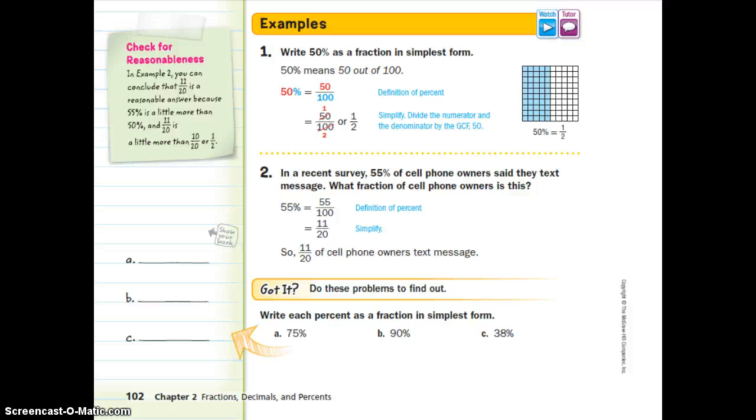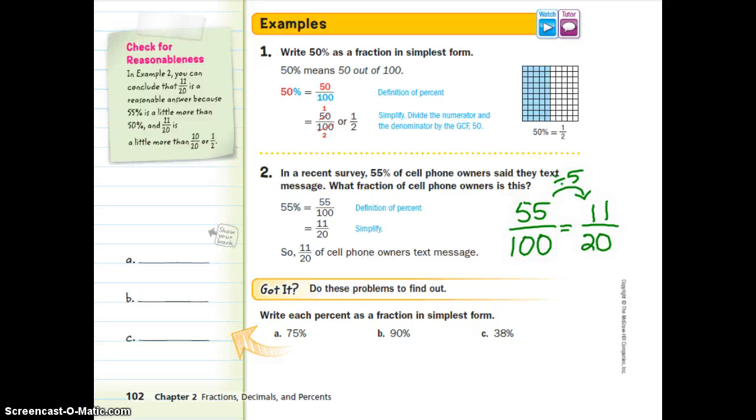So we have 55 over 100, and I know that's divisible by 5, so I'm going to divide by 5. So 55 divided by 5 is 11, and 100 divided by 5 is 20. So in simplest form, the fraction is 11/20.